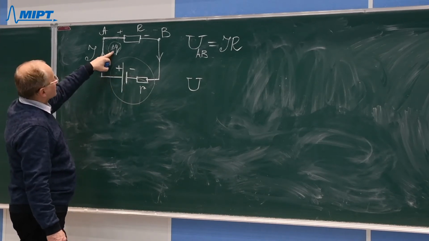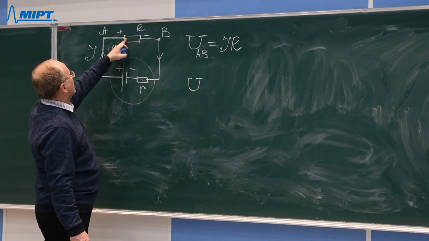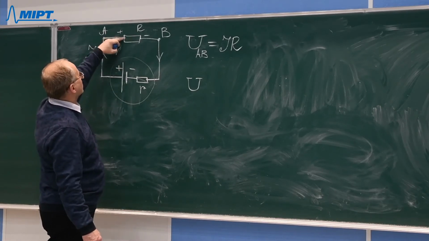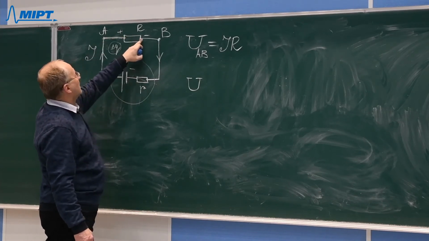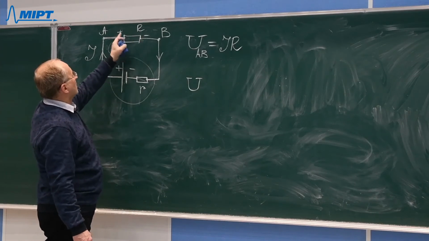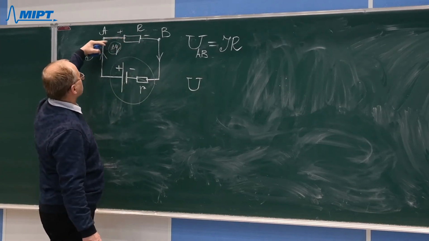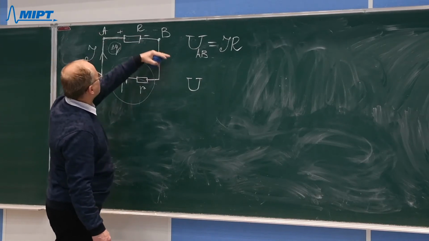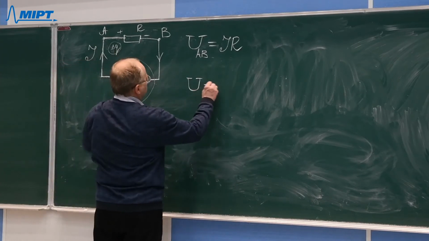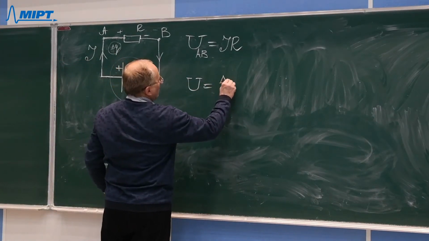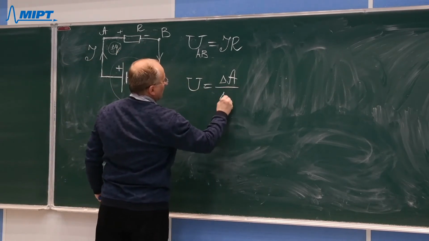So this small positive charge, when it goes through the resistor, will be repulsed from the left contact of this resistor and attracted to the right contact, because these contacts have positive and negative charges. In this way the electric field will produce some work when this charge is carried through the resistor. This work, delta A, is produced when the small charge delta Q is carried here.